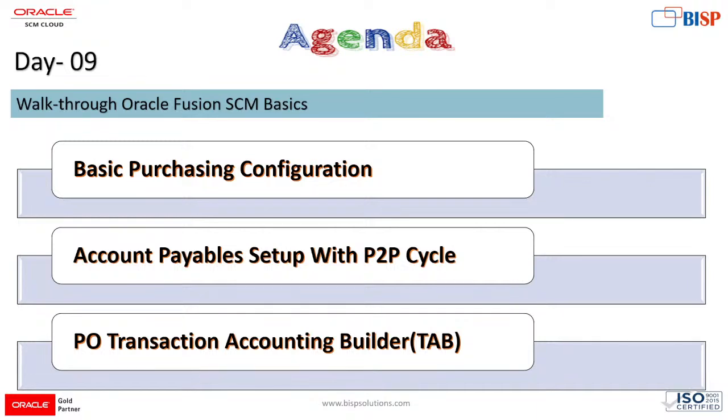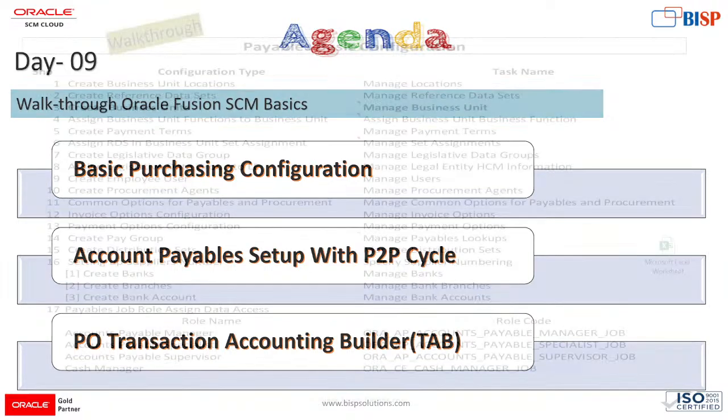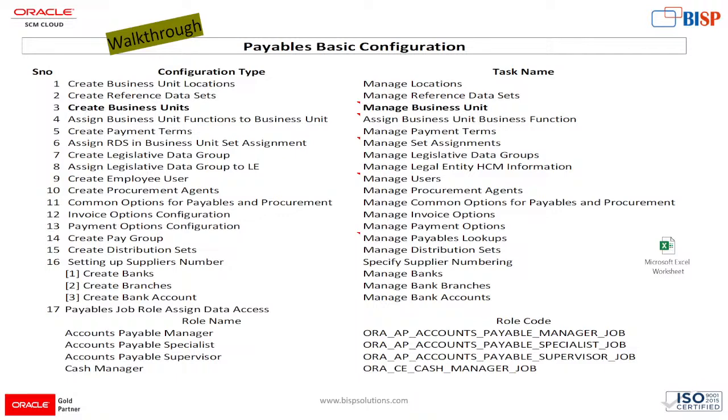Then we will go through the accounts payables setup with the P2P cycle, and the purchase transaction accounting builder, that is TAB, how we can create that particular transaction accounting builder and assign it to our subledger. So we will go through those setups and configurations. So that is payables related configurations.